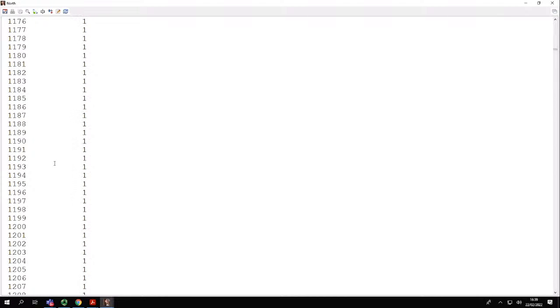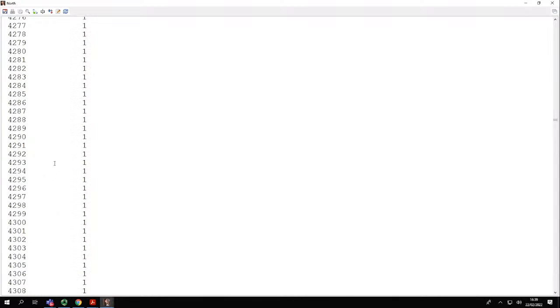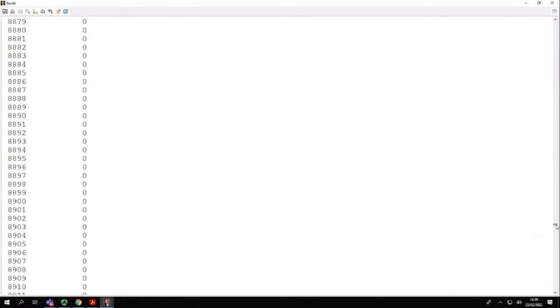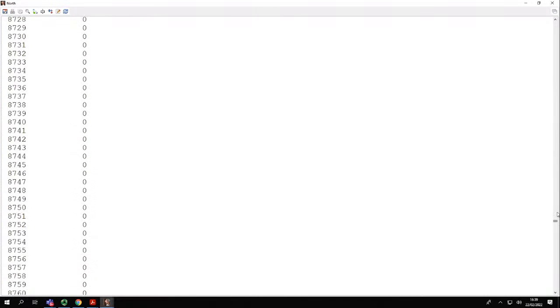So a dummy variable takes 1 if the household belongs to the north, according to some classification, and 0 otherwise.